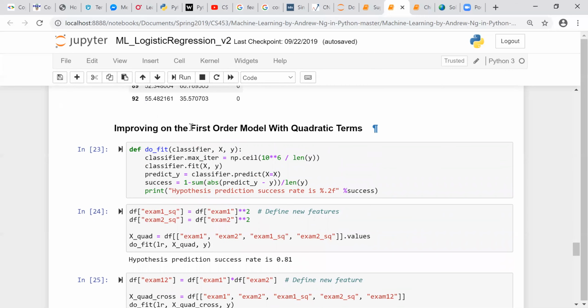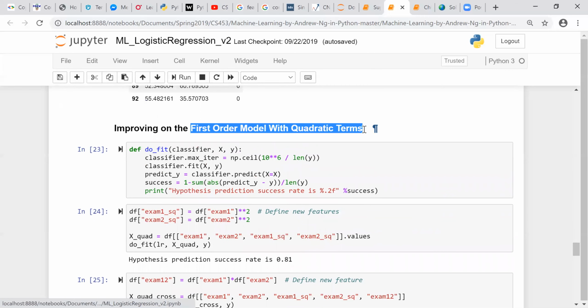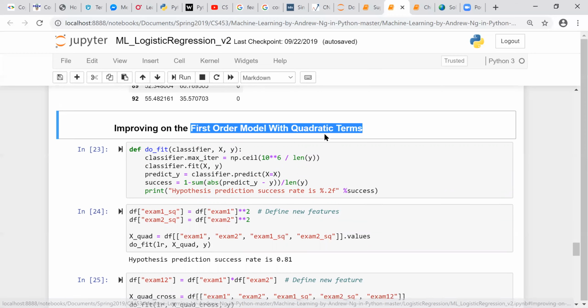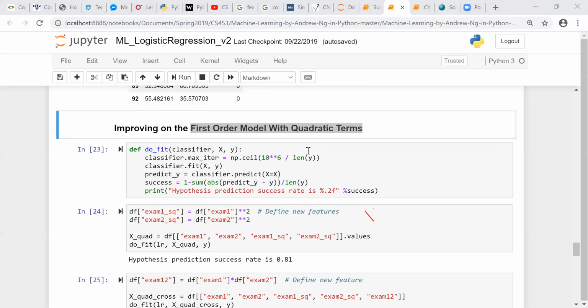You can use first order with quadratic terms, so you use polynomial features. Over here you have exam 1 and exam 2, a two-feature problem. With a linear model, the hypothesis is going to look like this.